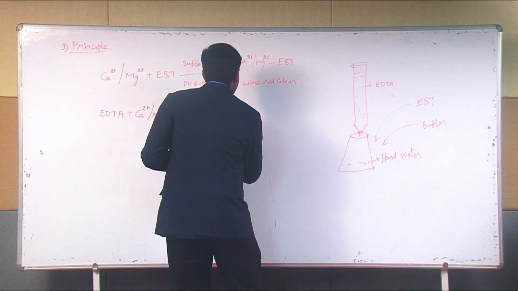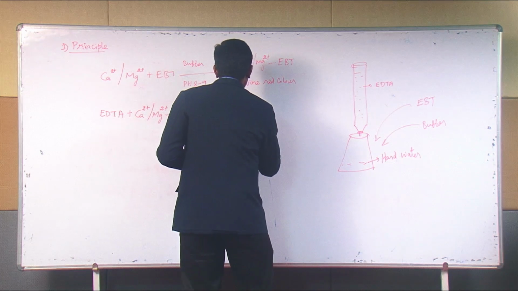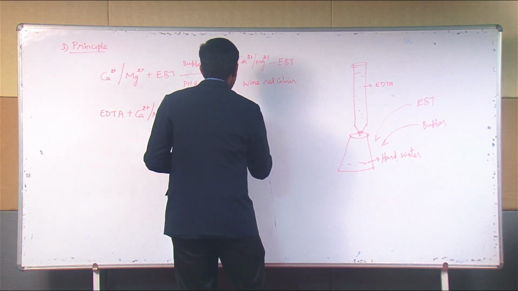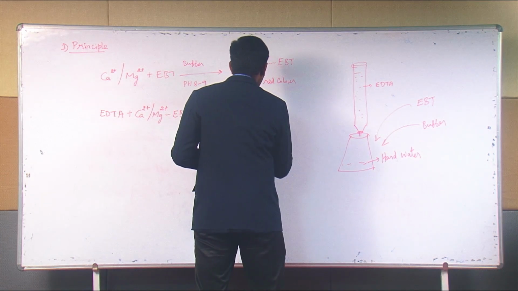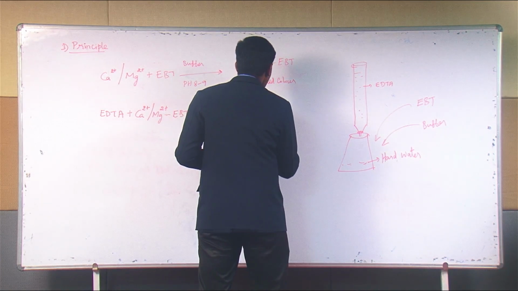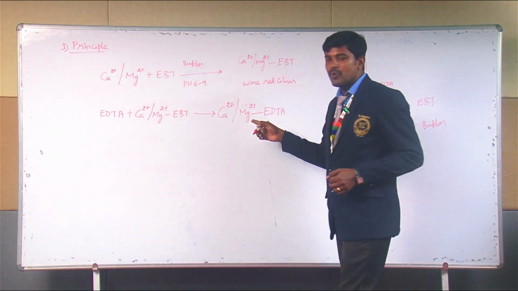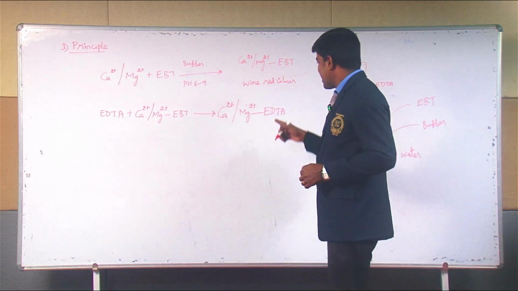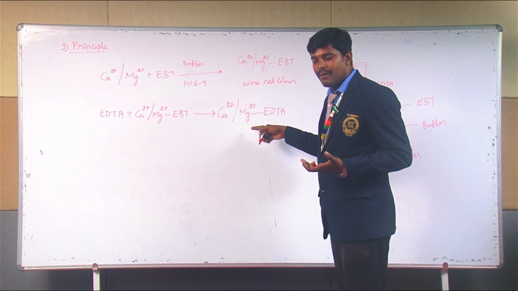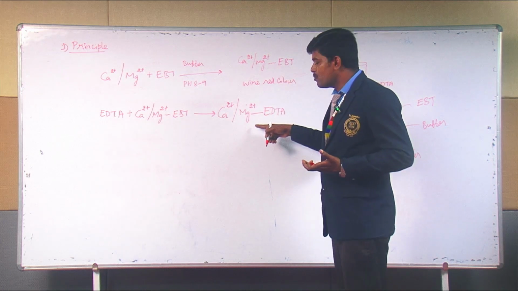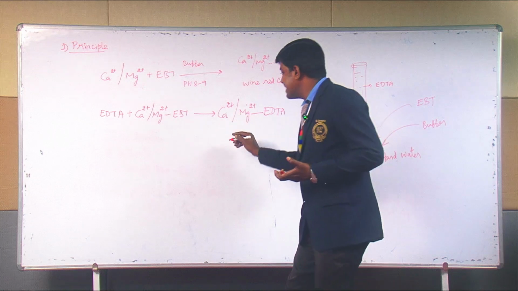So the resultant compound is Ca2+ or Mg2+ forming a strong, stable complex. And the color of the resultant product is what? Initially I told you wine red to steel blue, but the color of the resultant complex is not steel blue, it is colorless.